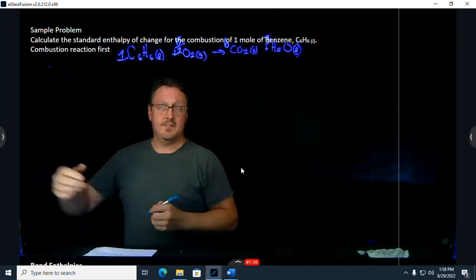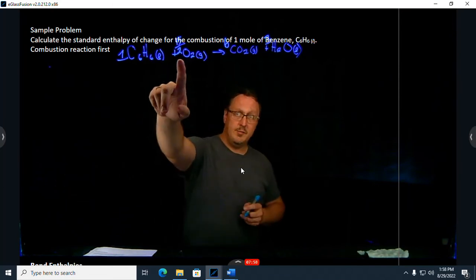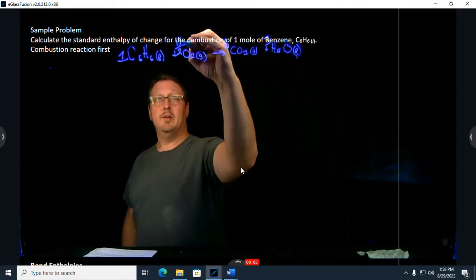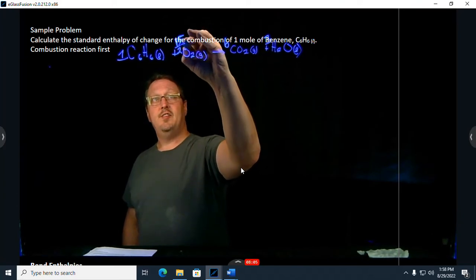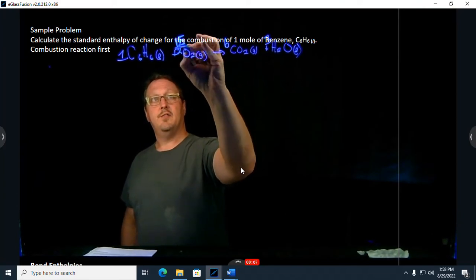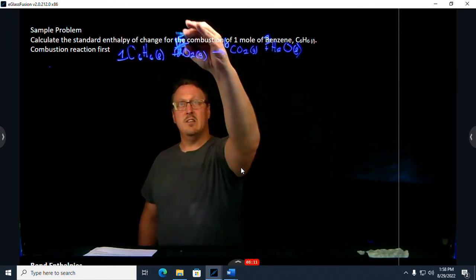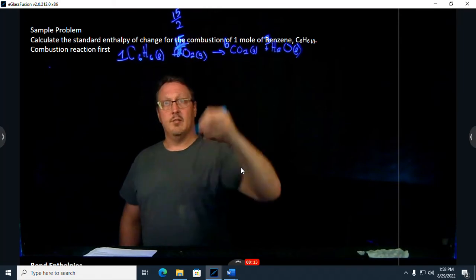Once again, we're ending up with weird stoichiometric coefficients because we need this to be a 1. So this is 15 halves. Hopefully you can see that a little bit better. Probably not. 15 halves. There, now you can see it.